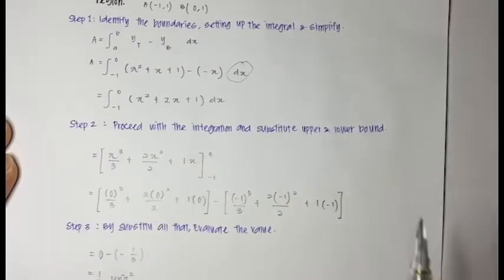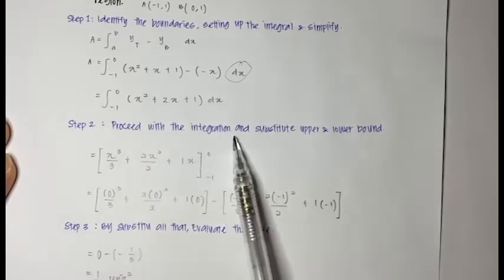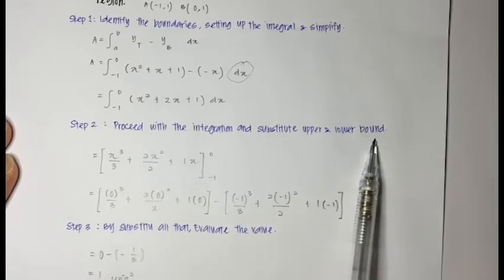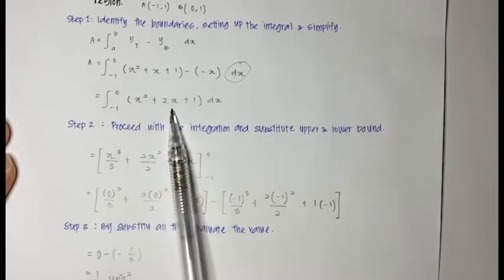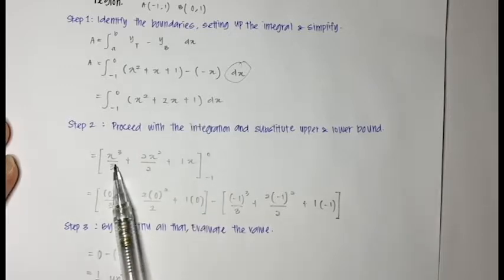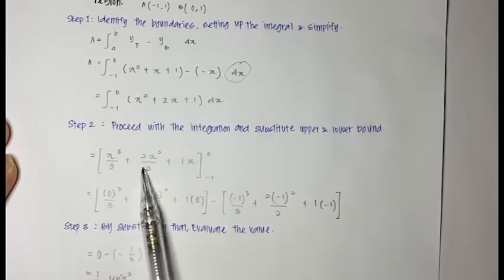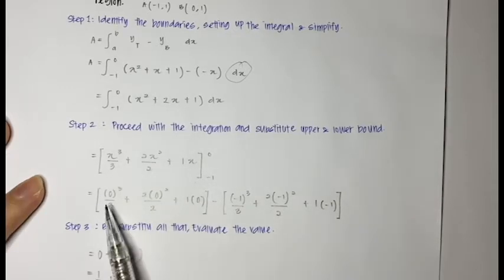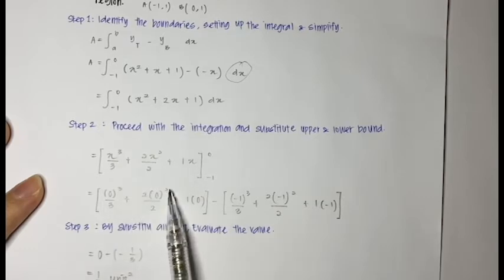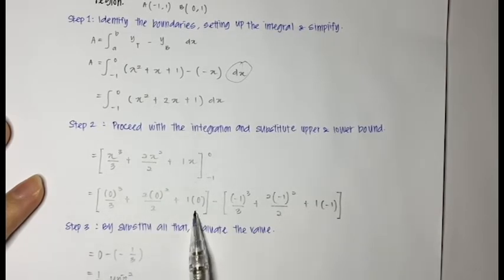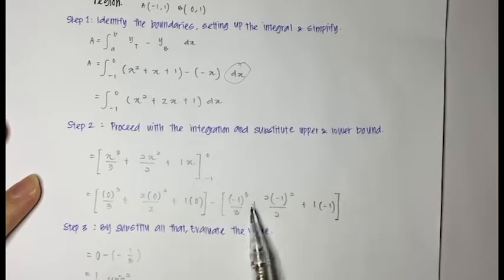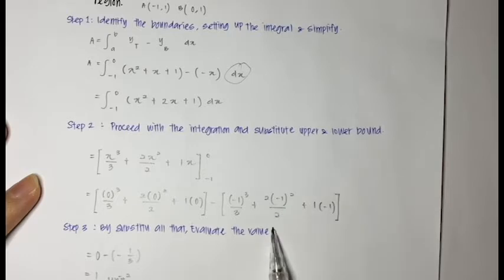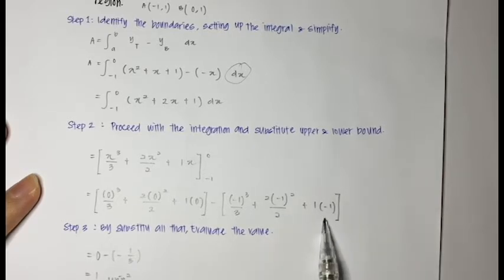For the second step, basically we need to proceed with the integration and substitute the upper and lower bounds. From integrating x squared plus 2x plus 1, we got x cubed over 3 plus 2x squared over 2 plus 1x. In result, we got 0 cubed over 3 plus 2 times 0 squared over 2 plus 1 times 0, minus negative 1 cubed over 3 plus 2 times negative 1 squared over 2 plus 1 times negative 1.